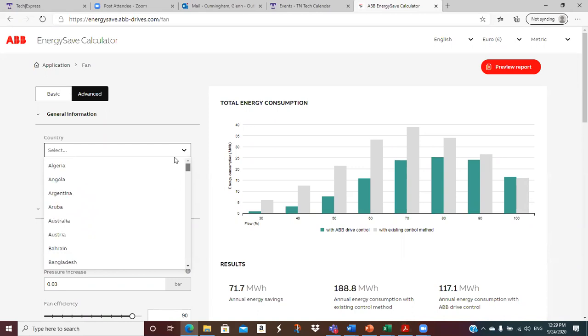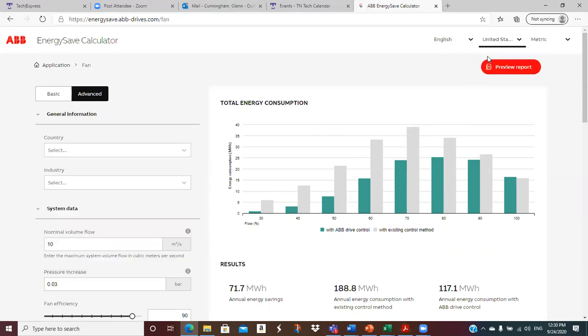The US is in the top right-hand corner where it says Euro, metric, English.